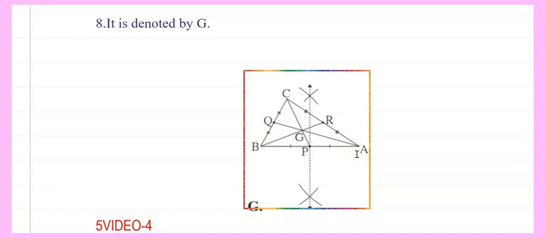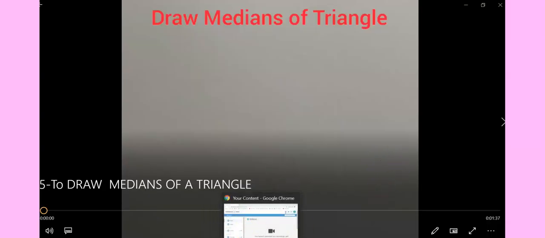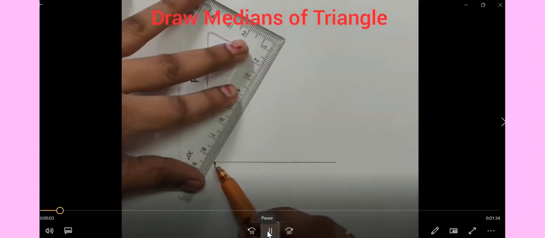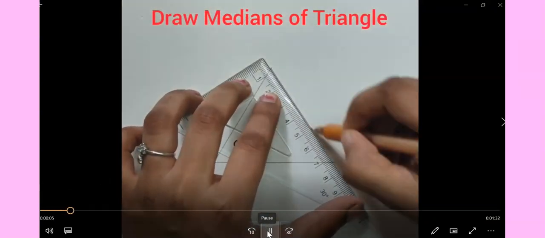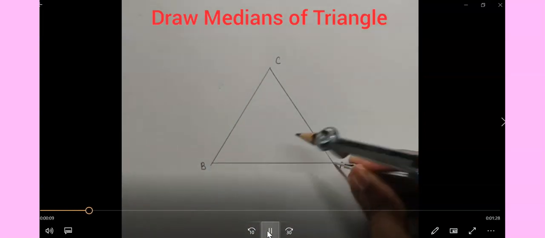Now we will see how to draw the medians of a triangle. Let us see this video on how to draw the medians of a triangle. First draw the triangle ABC.